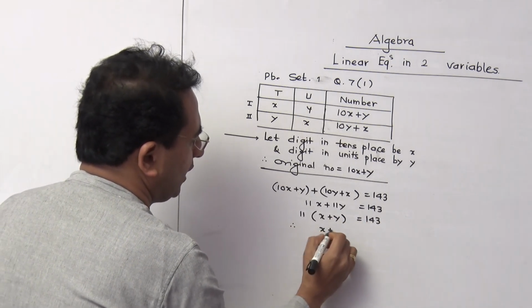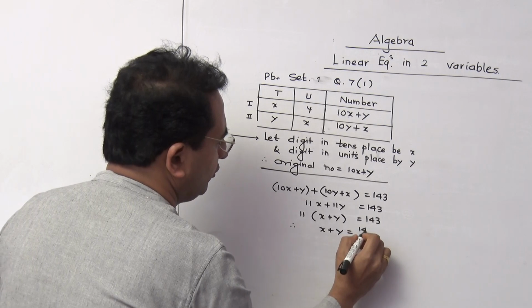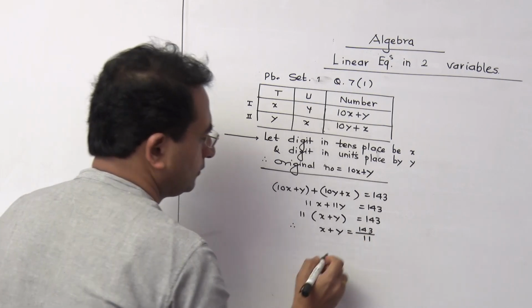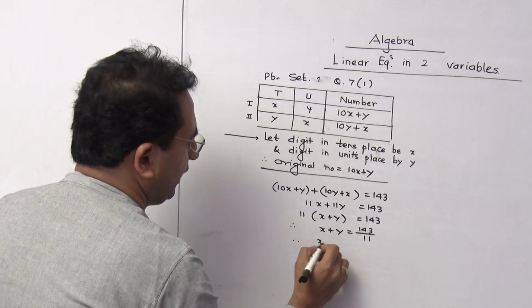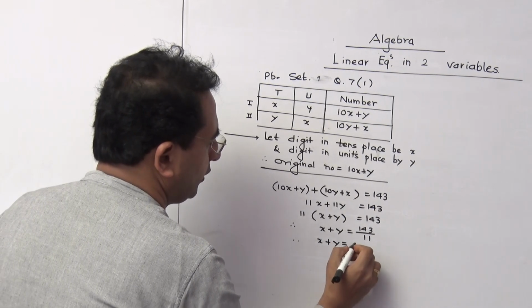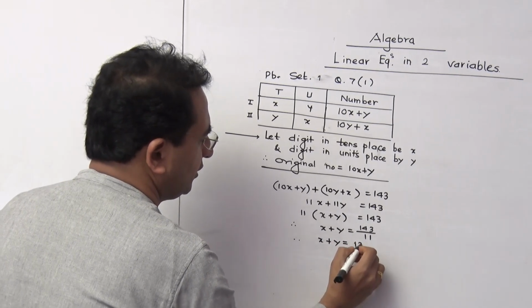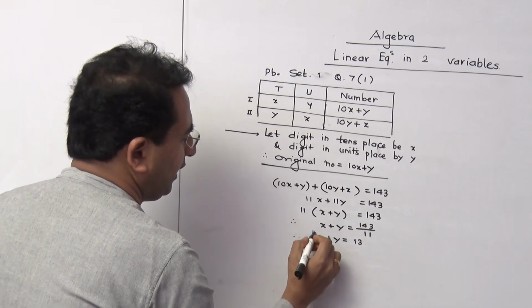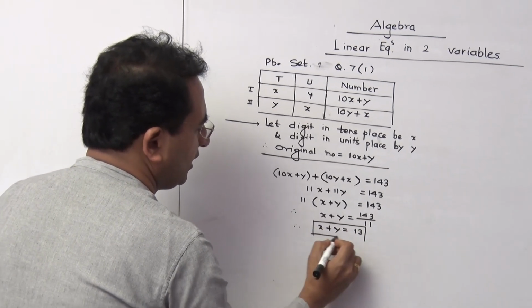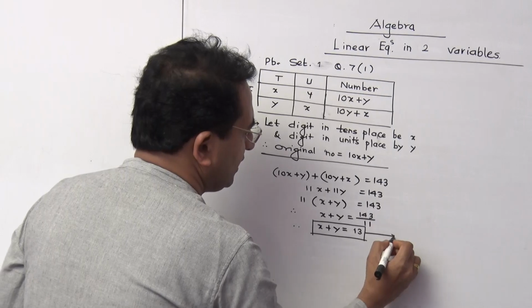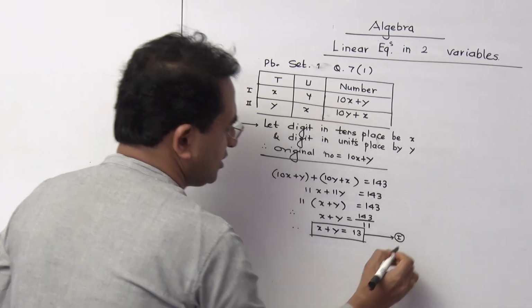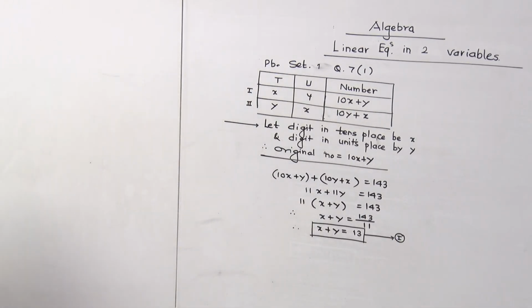Therefore x plus y is 143 upon 11. So we can definitely write x plus y is equal to, 11 ones are 11 and 11 threes are 33, so 13. So we are getting this equation x plus y is equal to 13, and that is what we know as equation number 1. This is how we have to go ahead.